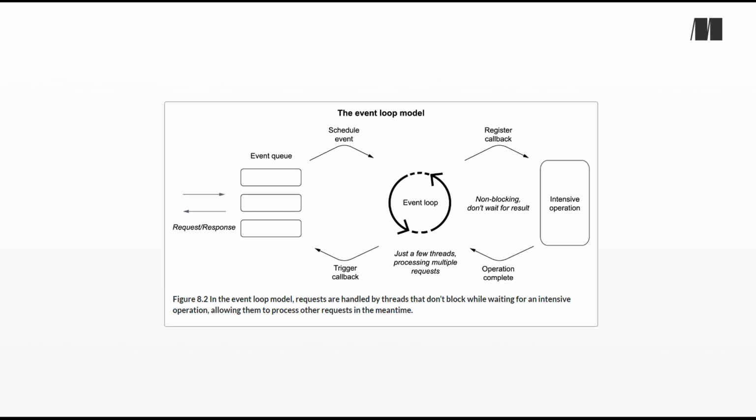With the non-blocking I/O capability and a communication paradigm based on events, reactive applications allow for more efficient utilization of computational resources. Figure 8.2 shows how it works. Figure 8.2. In the event loop model, requests are handled by threads that don't block while waiting for an intensive operation, allowing them to process other requests in the meantime.